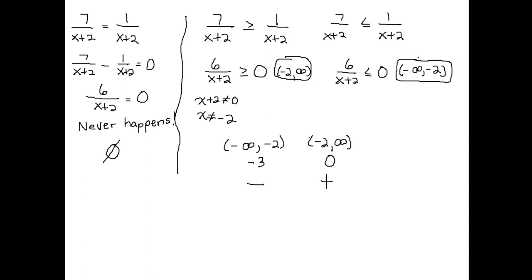So even though we don't have anywhere where it equals 0, we do have, apparently, the graph above the x-axis after negative 2, and below the x-axis before negative 2. So the vertical asymptote is kind of that dividing line of where the graph's below the x-axis and where the graph's above the x-axis. So apparently, y equals 0 is a horizontal asymptote. All right.